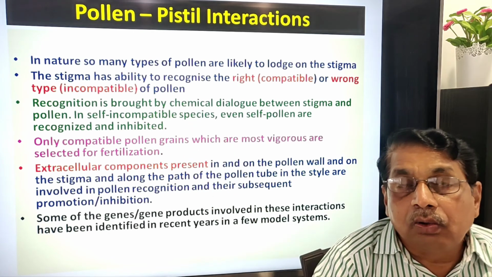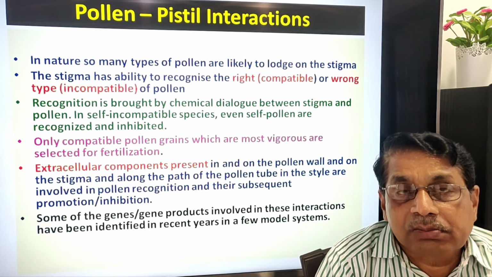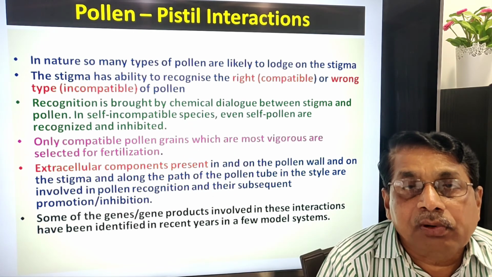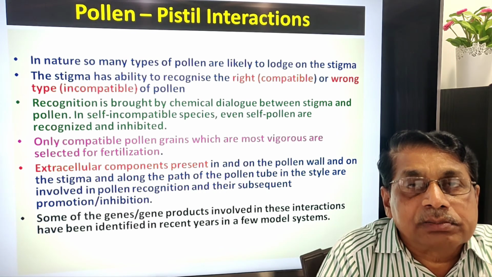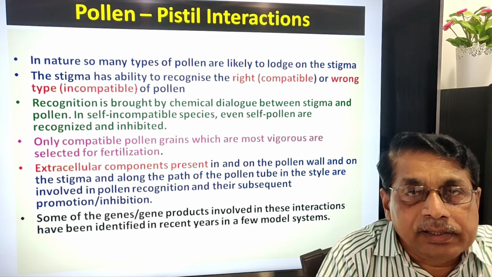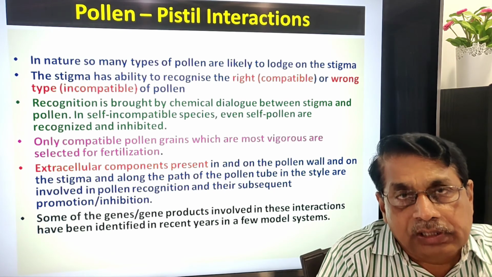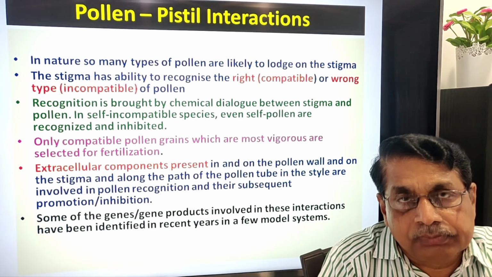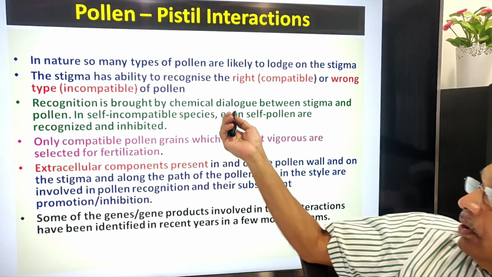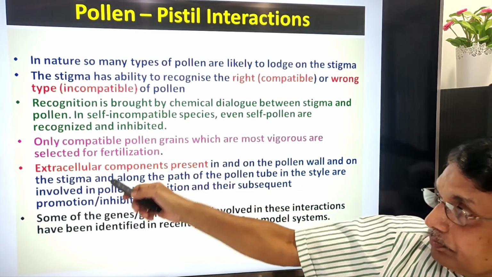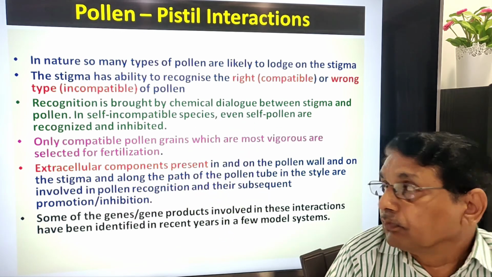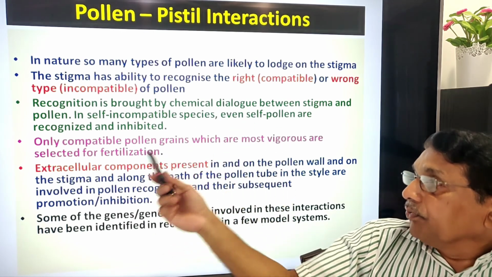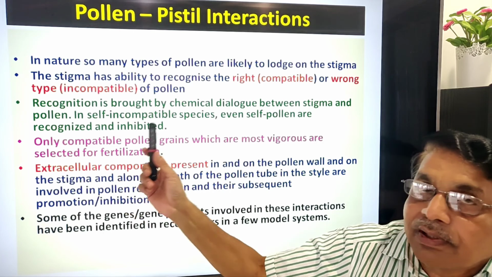Recognition. How does the stigma identify it is a right pollen? There will be a chemical interaction between the pollen and stigma. Some signals, some chemicals. Only compatible pollen grains, which are most vigorous, are selected for fertilization.